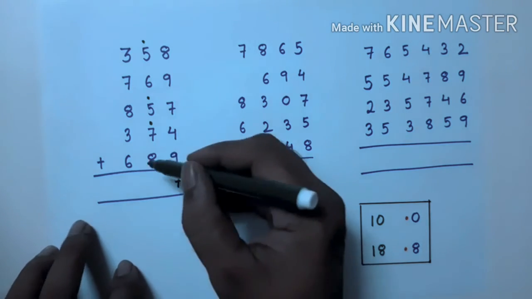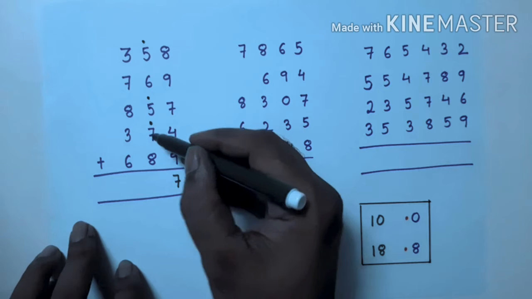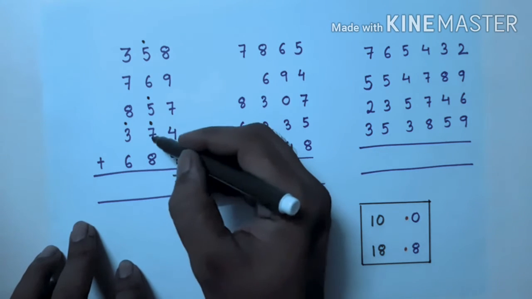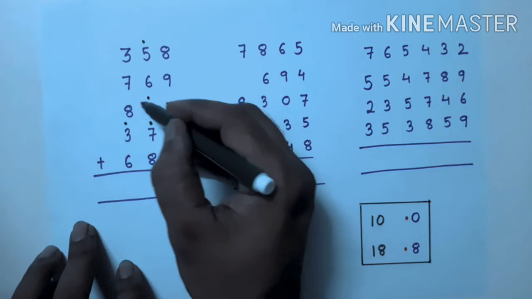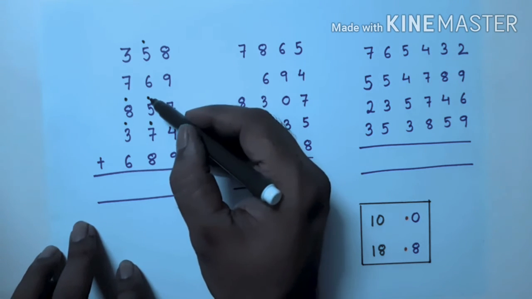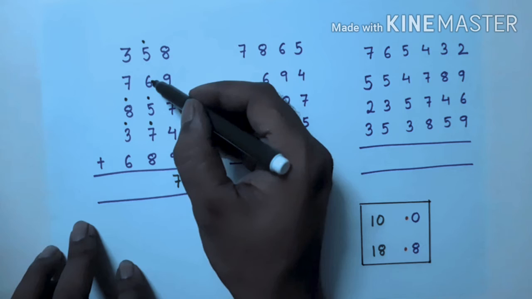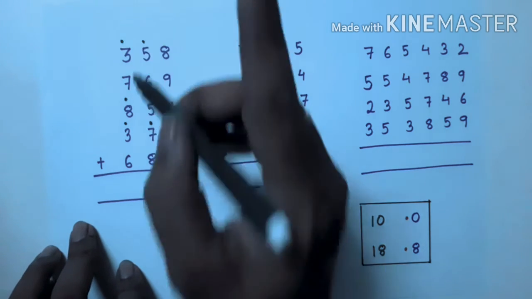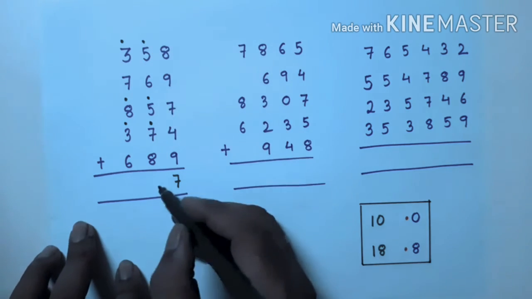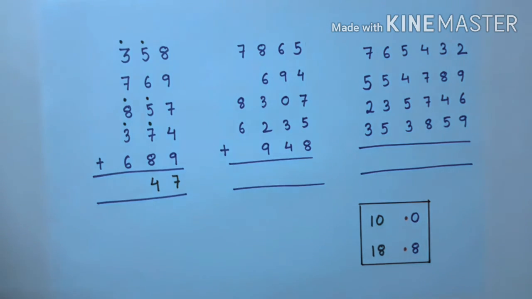Again 8 plus 7, 15, dot, 5 in the mind. 5 plus dot, 6, 6 plus 5, 11, 11, dot, 1 in the mind. 1 plus dot, 2, 6, 8, 8 plus 5, 13, dot, 3 in the mind. Then 3 and the dot we get 4.